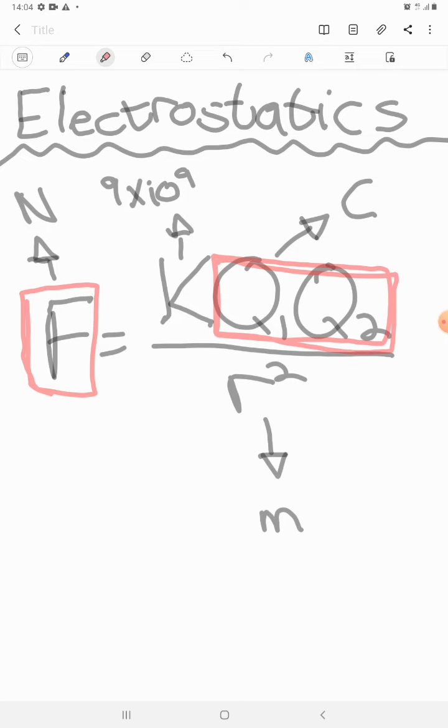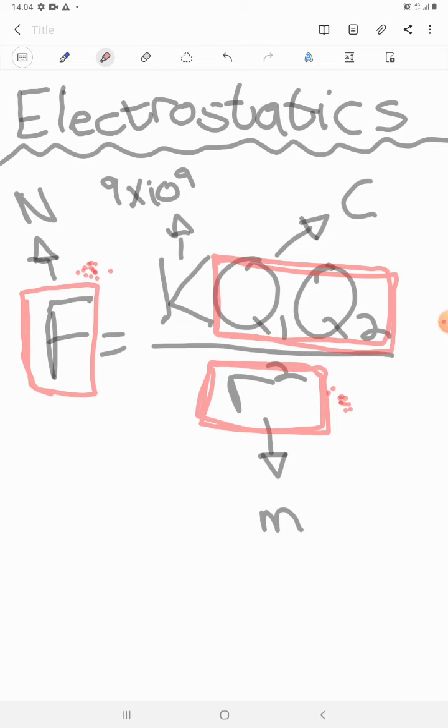If my charges decrease, my force will also decrease. But my distance is inversely proportional, which means if my distance increases, my force will decrease. But if my distance decreases, my force will increase. So that is your definition for Coulomb's law.